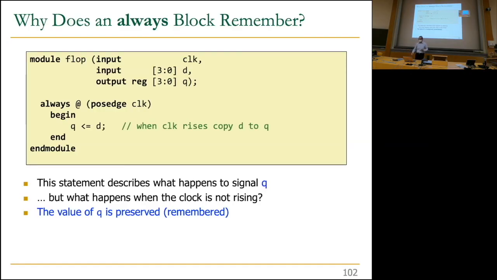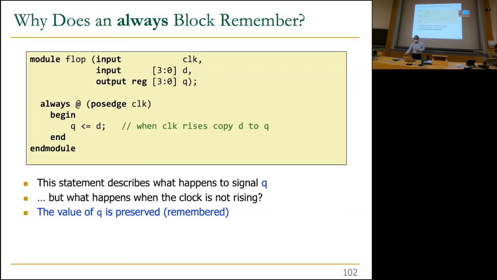The specification here says Q is updated at the positive edge clock, but it doesn't say anything about what happens in all other cases. And the assumption is that the output value gets preserved with the prior value of the output since the prior update. Okay? Now that's interesting because what if you actually specified that value to not get preserved?